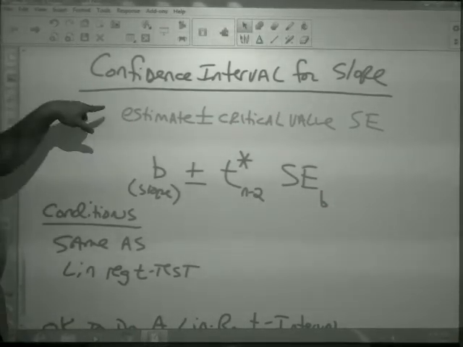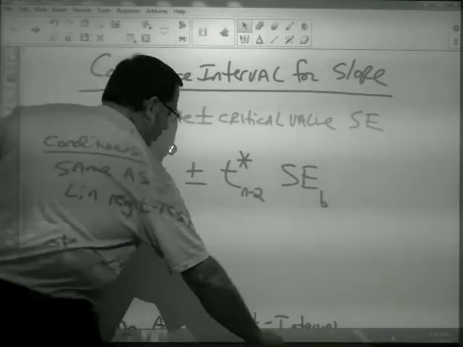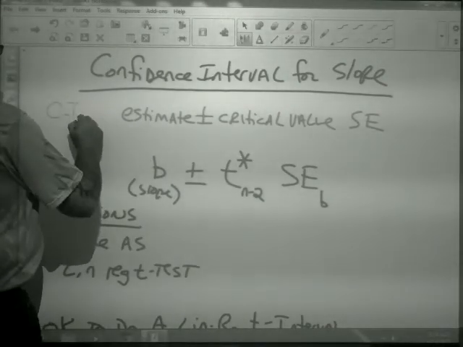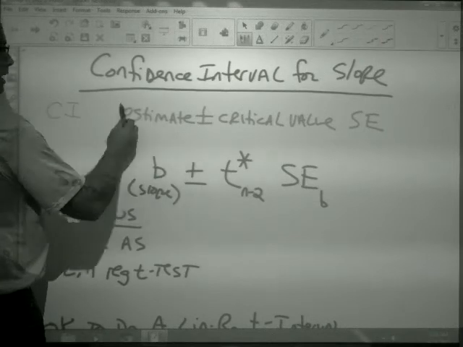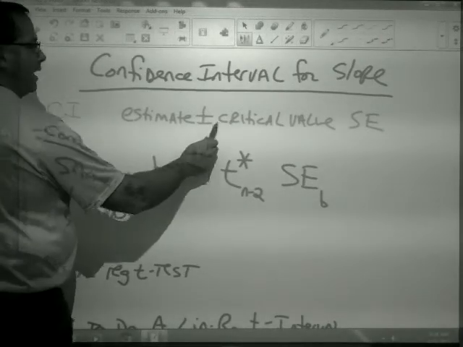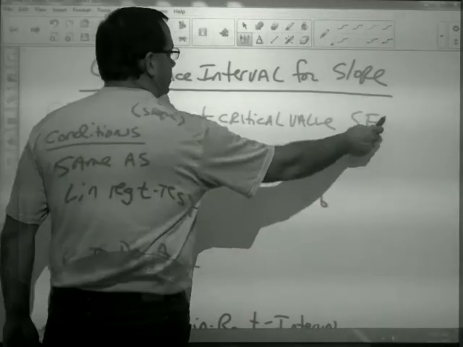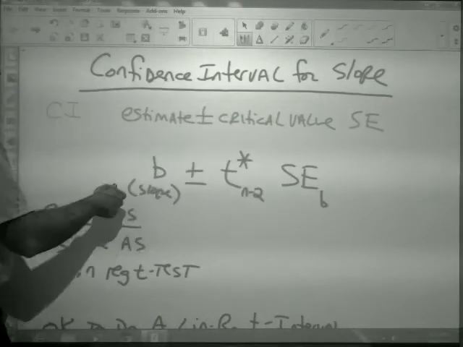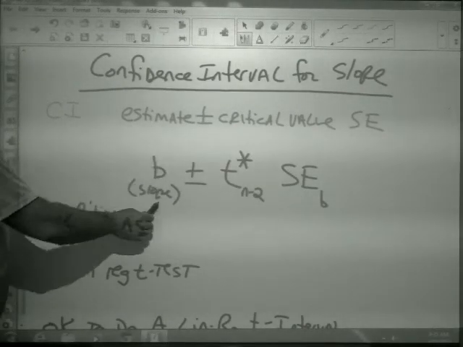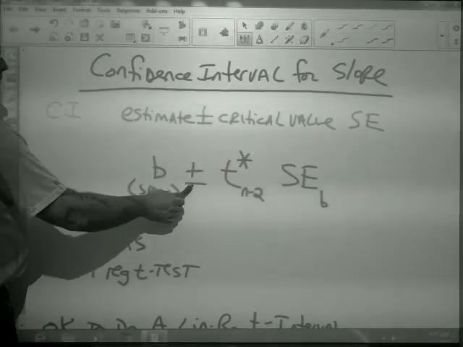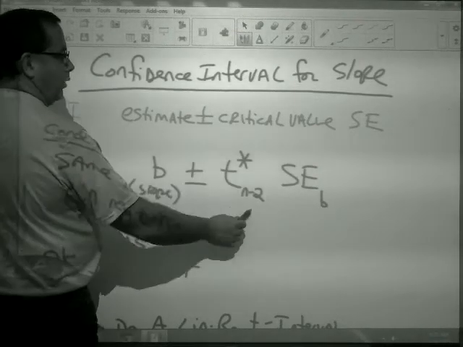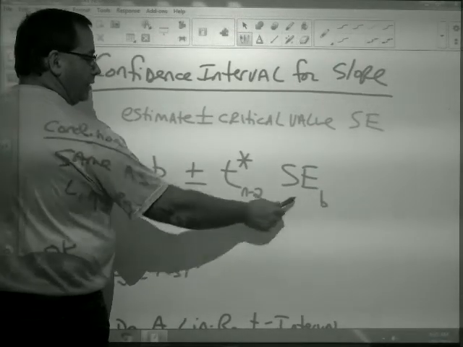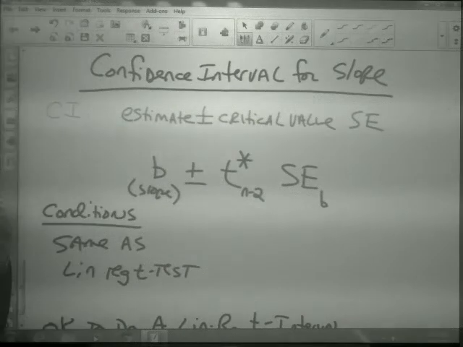So again, if we think back to the general confidence interval setup, in general, it's what we're trying to estimate, plus or minus critical value times standard error. So for this problem, we're trying to estimate the slope, plus or minus t star, now with n minus 2 degrees of freedom, times the standard error of beta.